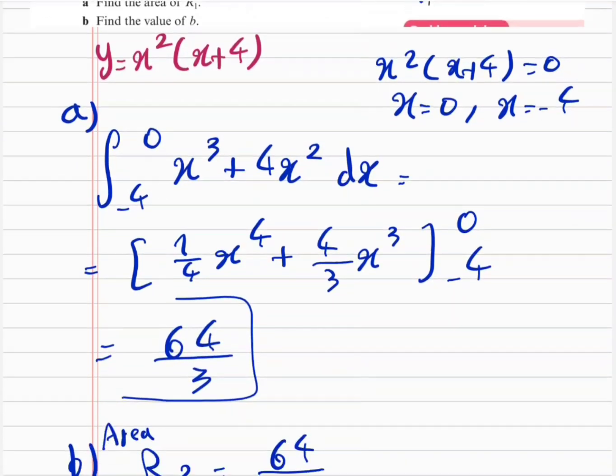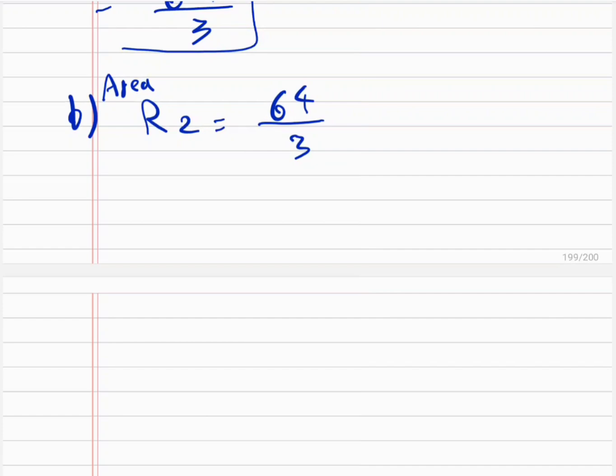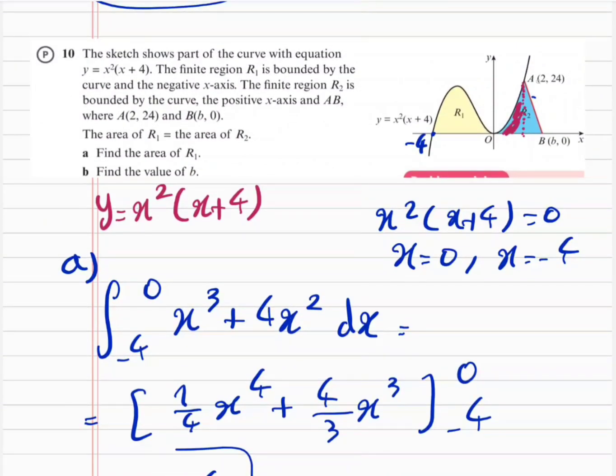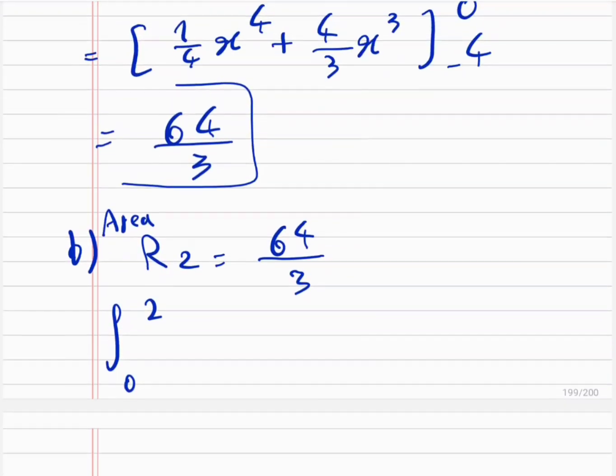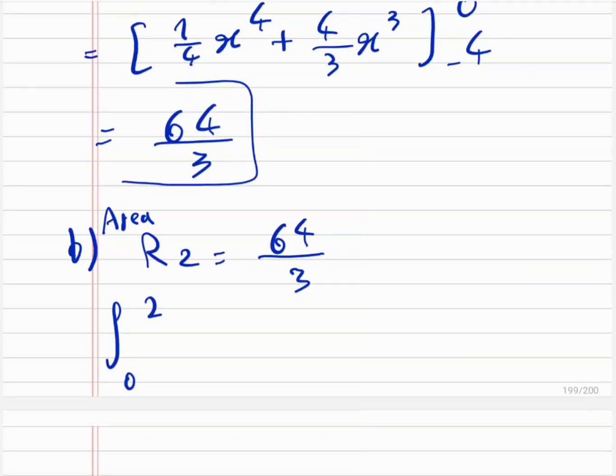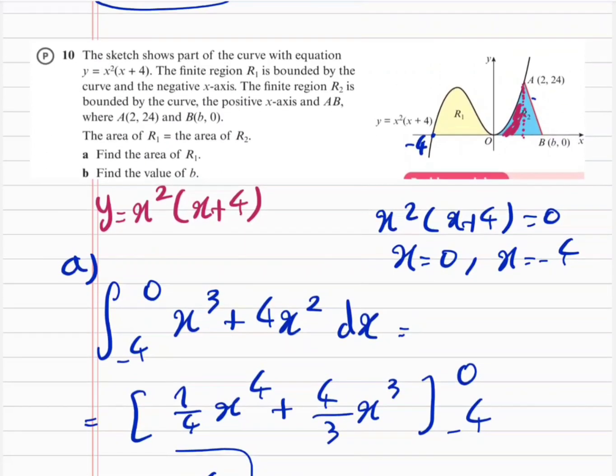So with that said, the area of R2 is the integral of the curve between 0 and 2, because this end of the curve has x coordinate 2. The curve has the equation x cubed plus 4x squared, dx, and we also add the area of this triangle. This triangle has height 24, and the base here is 2, but here is b.